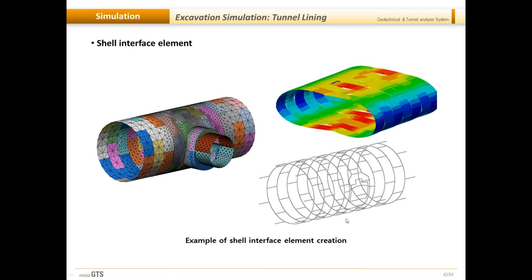And then you can see the results and the behavior. So you can see how these tunnel lining members are actually interacting with the adjacent members. And you can see if the maximum of the tunnel lining member occurs at one location in one lining, it may not be exactly the same for the adjacent lining. So depending upon the interface, the force transfers vary.